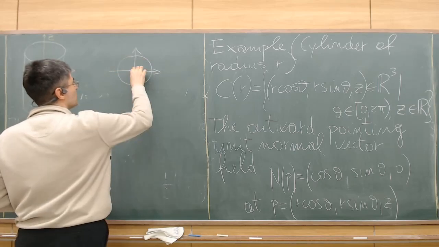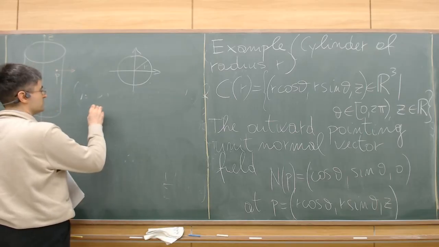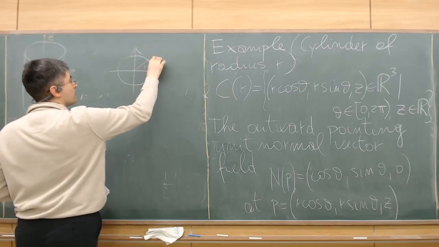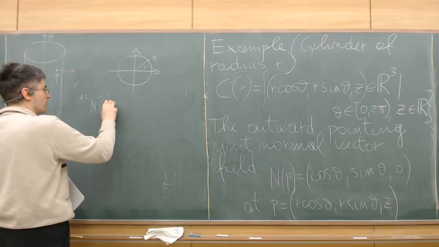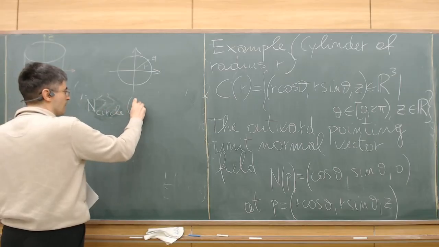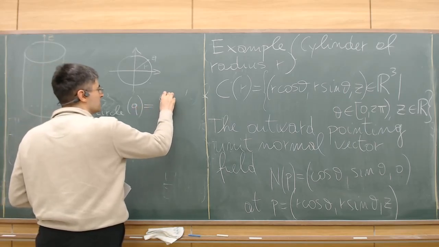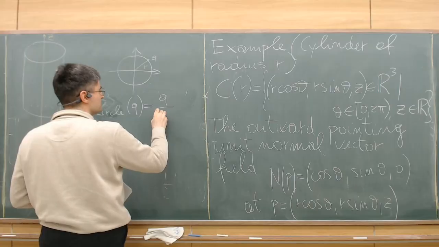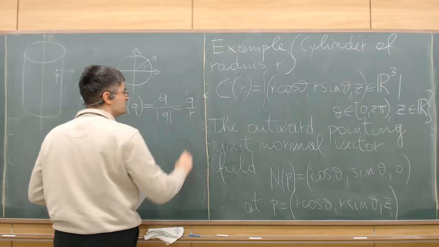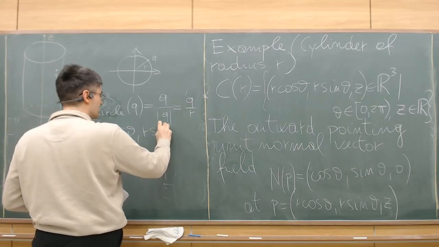The circle that you get will have radius r, and we know already that the normal vector at Q of a circle of radius r is Q divided by the length of Q, that is Q over r, where Q is r cosinus of theta, r sinus of theta.